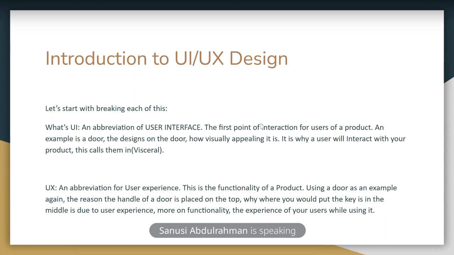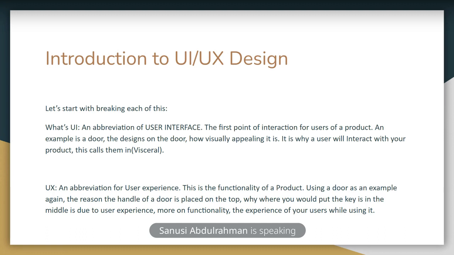To ensure that, we need to do some basic research in understanding our users, and understanding our users will lead us to how to do this. So user interface is more of the visual appeal of any product, while user experience is the functionality of the product.